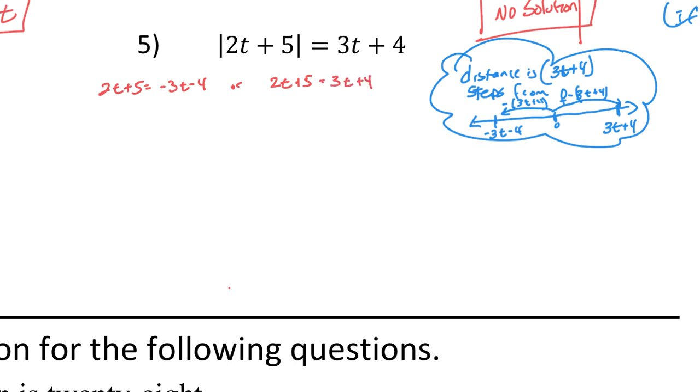If we solve this one, I'm going to add 3t to get my variables on the same side. Now I have 5t plus 5 equals negative 4. I'm going to subtract 5 off of each side. 5t equals negative 9. Divide by 5. t equals negative 1.8.